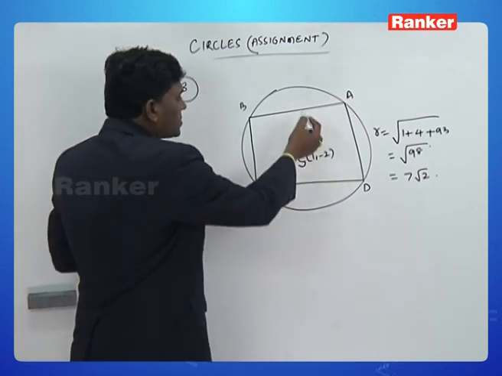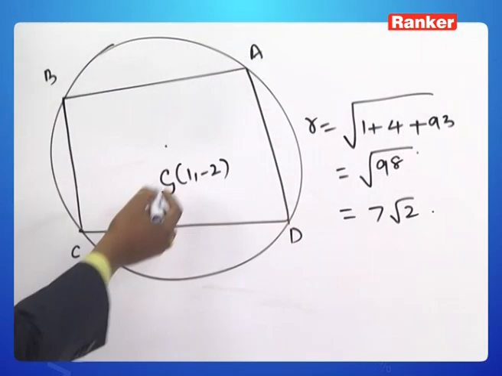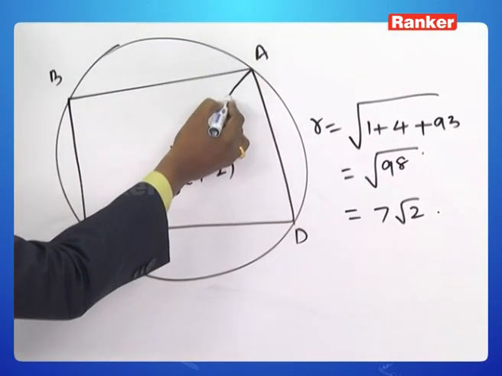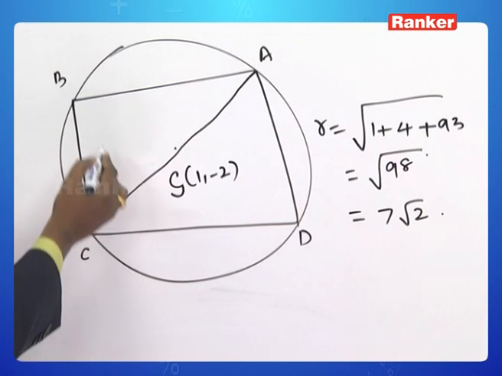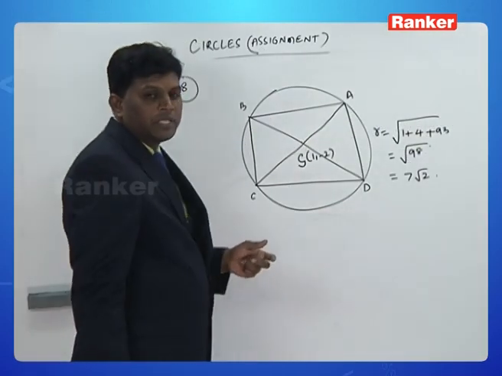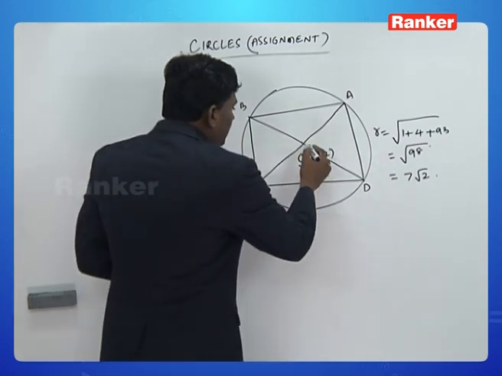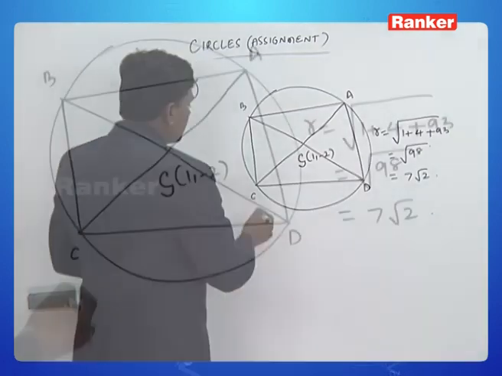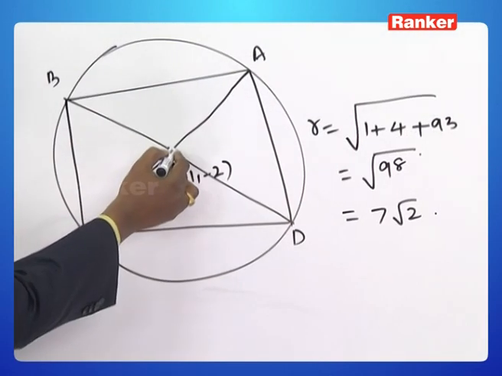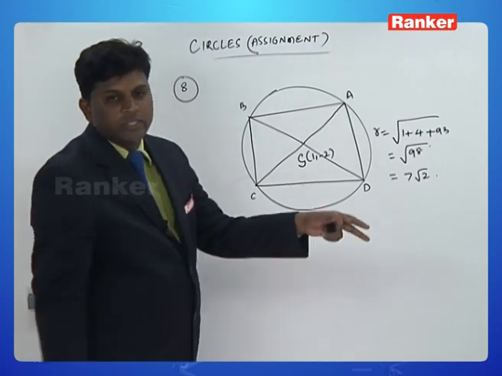Here, because these four sides are parallel to axis, if we take AC and BD, the diagonals of these are diameters of this circle. Clearly these are making 45 degrees with the sides, equally inclined with sides.